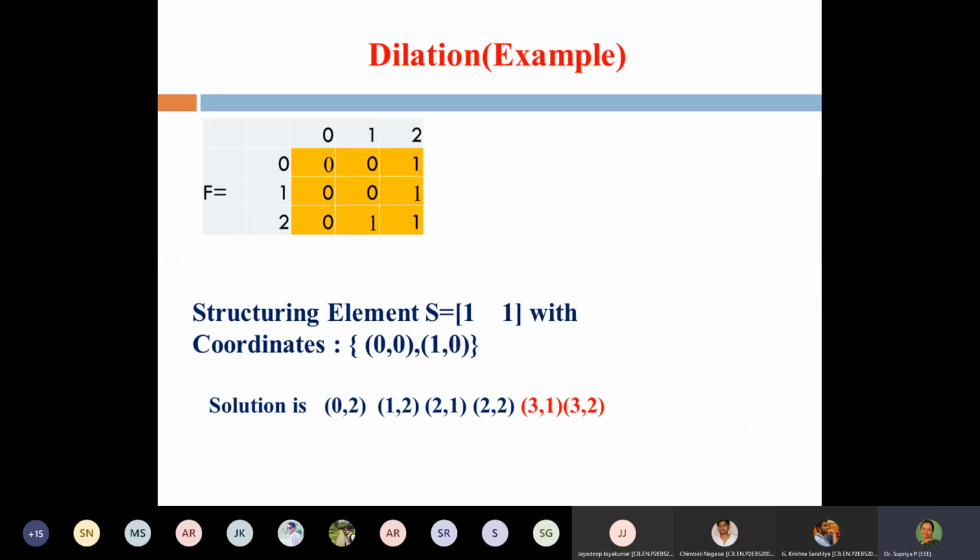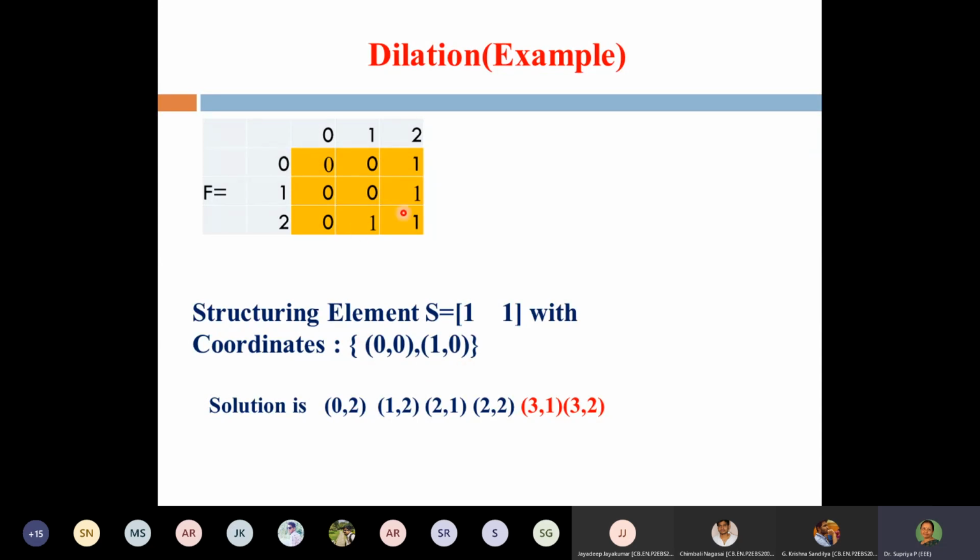Next, let us go on with a simple example which is almost similar to the previous case. There are no major changes with the coordinates, except that we are going to have 1, 1 as the solution. This solution is for the same problem as in the previous case, only with these particular coordinates.